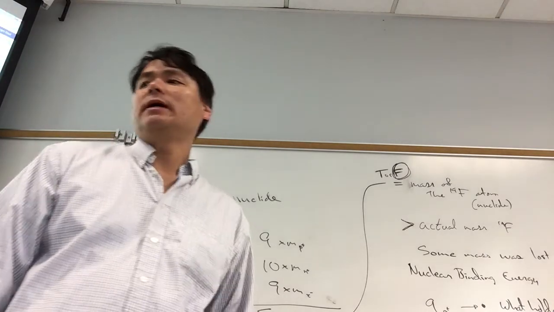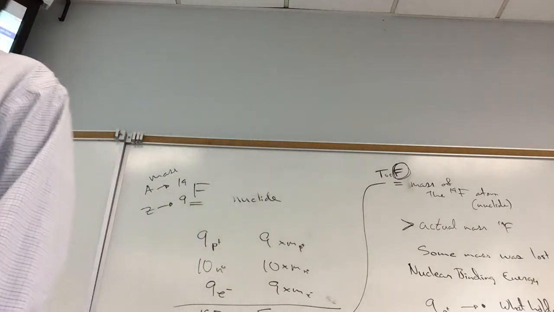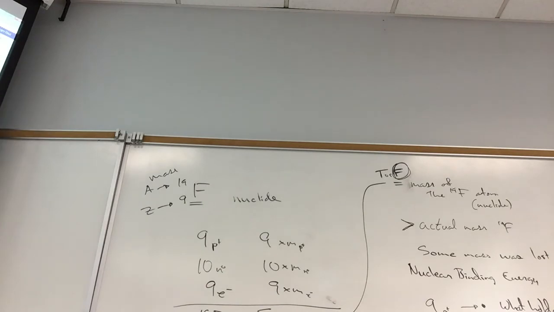All right, so the nuclear binding energy must be very strong, right, to hold the nucleus together. And so do you think every nucleus of every element, of every isotope, of every atom has the same binding energy? No. The binding energy varies.